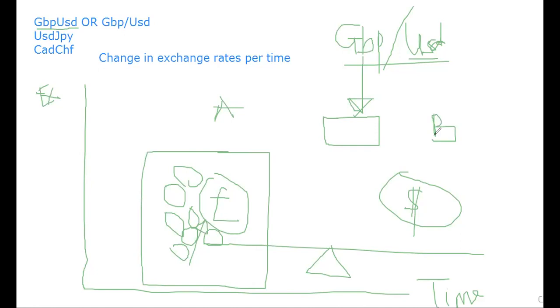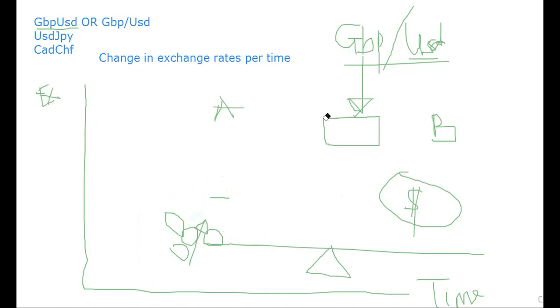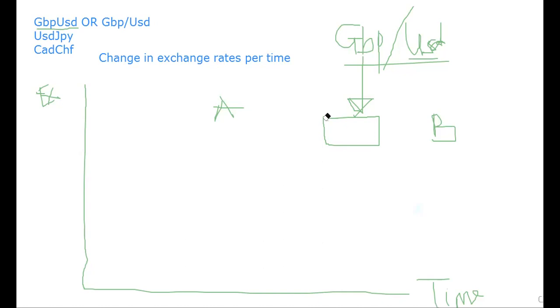As a result, what's going to end up happening is that we're going to have a market shift. There's going to be an equilibrium shift in the sense that at the end of the day, the seesaw is going to be tilted upwards. You're still going to have your pounds here. You're still going to have your dollar here.